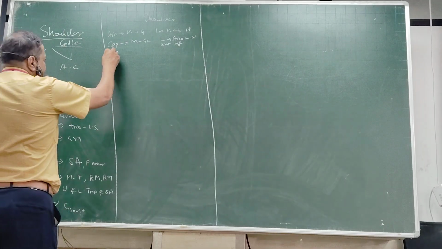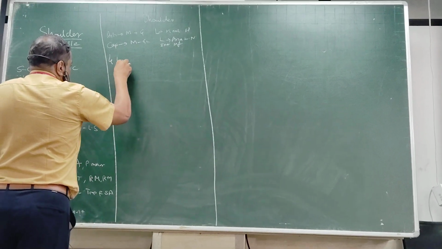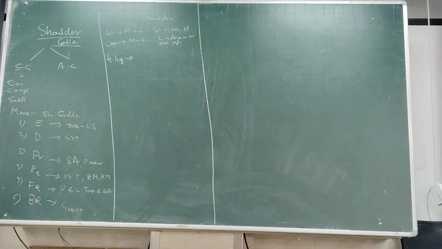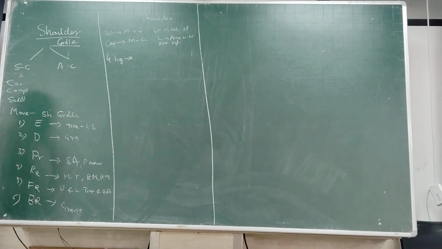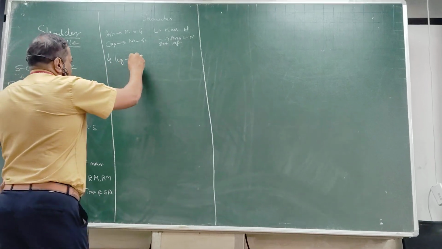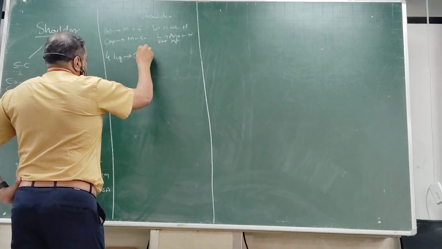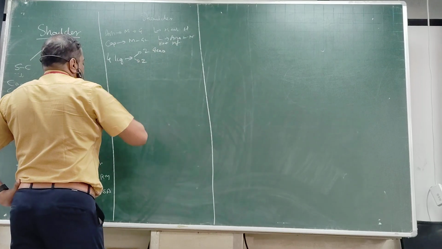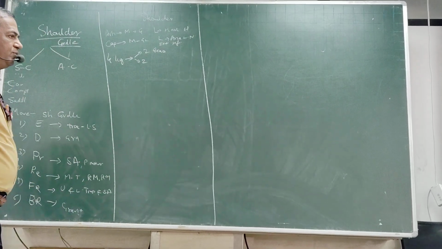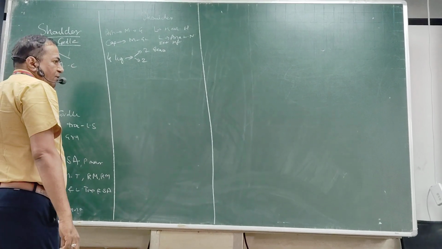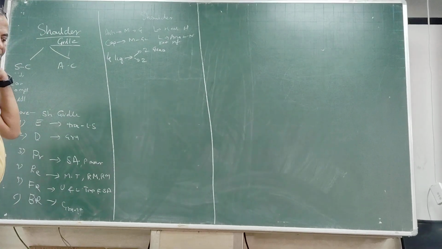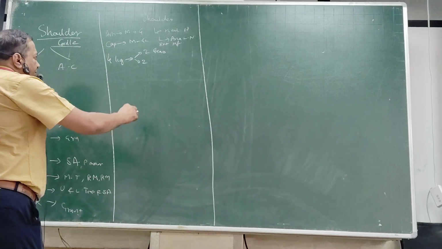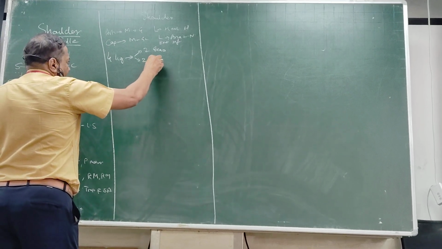There are 4 ligaments of the shoulder joint. How to remember them? 2 gleno and 2 humeral.